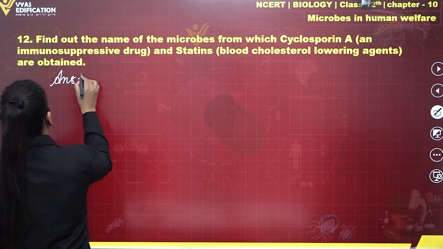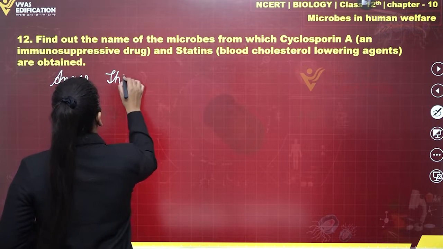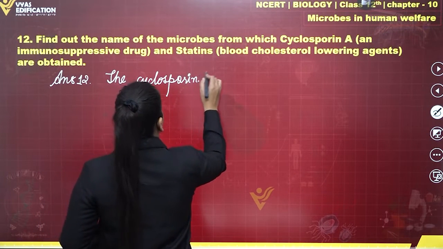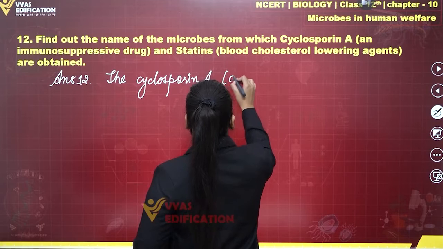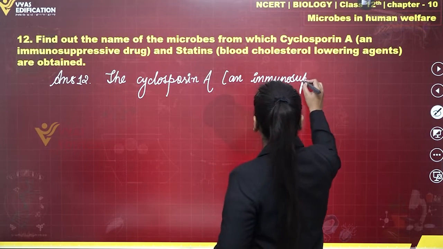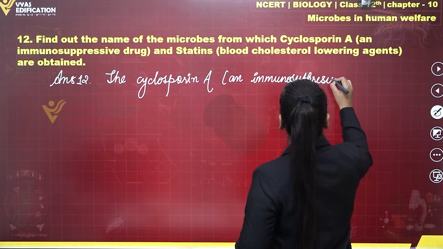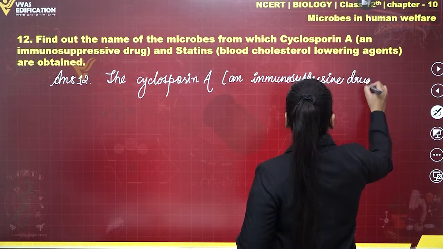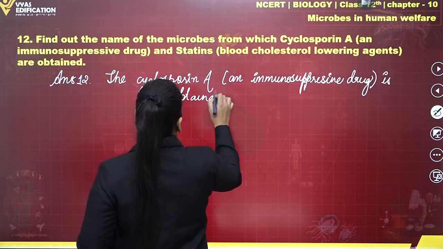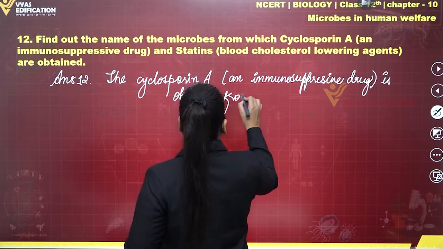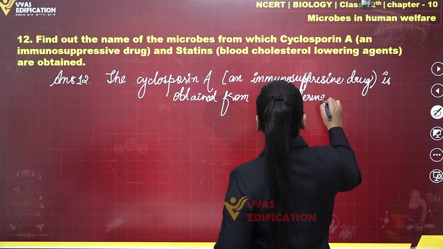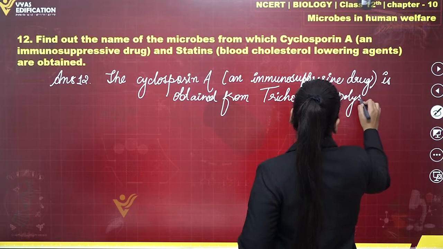Let's write answer number 12. The cyclosporin A, which is an immunosuppressive drug, is obtained from Trichoderma polysporum.